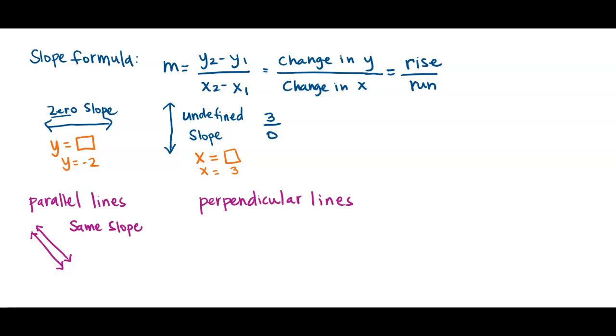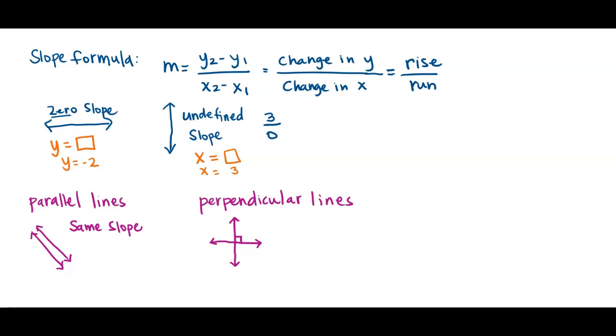All right, so perpendicular lines intersect each other at 90-degree angles. They have to be intersecting in a very specific way, right? It couldn't just be any two lines intersecting haphazardly. They have to intersect at 90-degree angles. And if they do that, we also know something about their slopes.